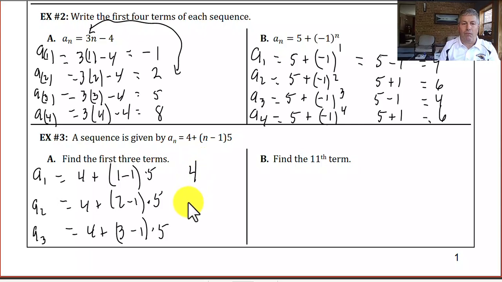So 4, 9, and 14 are the first three terms in that particular sequence. In fact, you'll notice that 3a and 2a are very similar. We are multiplying some quantity by 5, and we have a common difference here of 5.